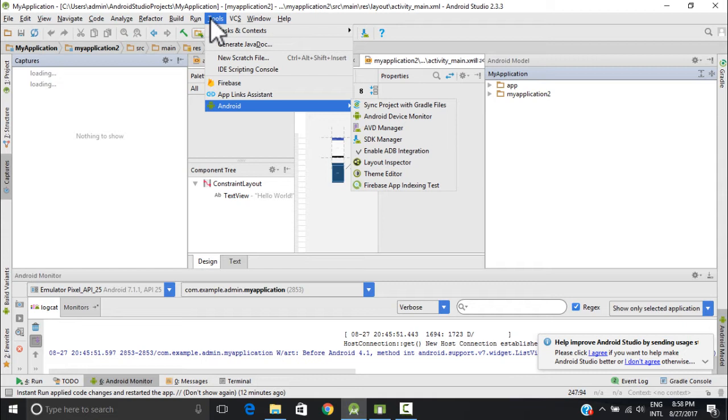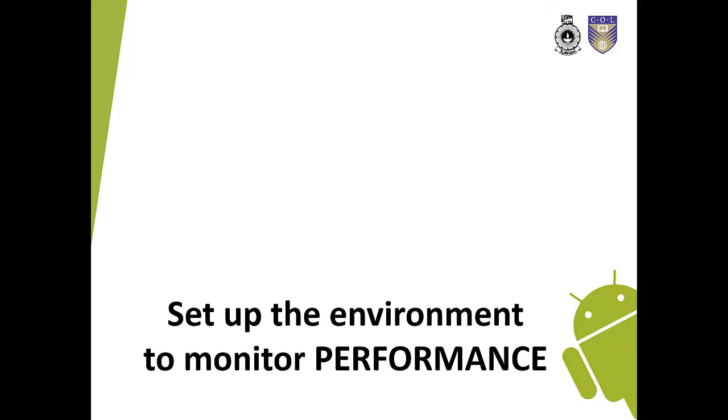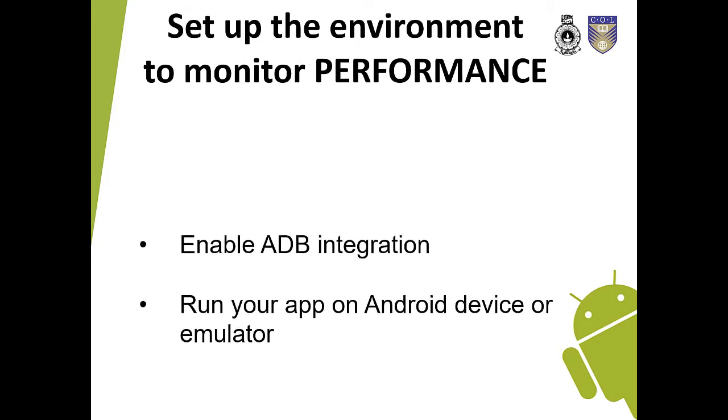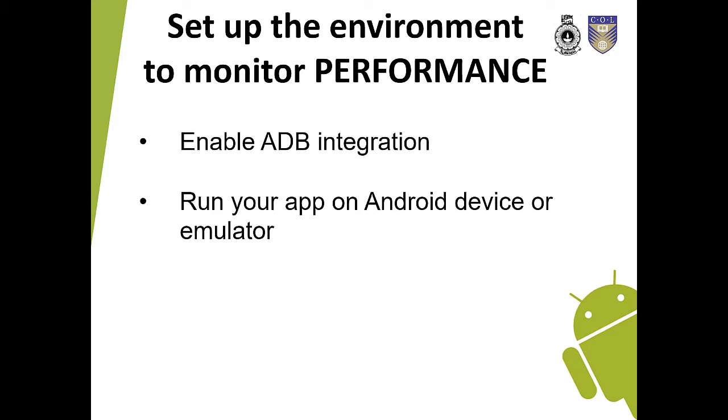Enable ADB Integration should have a check mark next to it in the menu to indicate it's enabled. After you've met the prerequisites and optionally connected a hardware device, you're ready to profile an app in Android monitor.